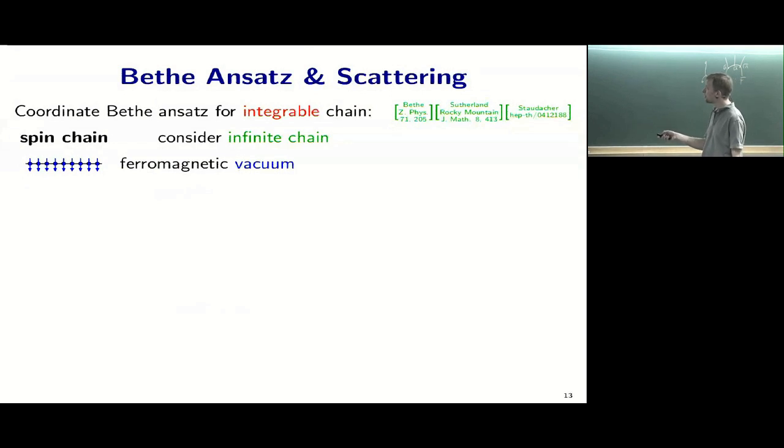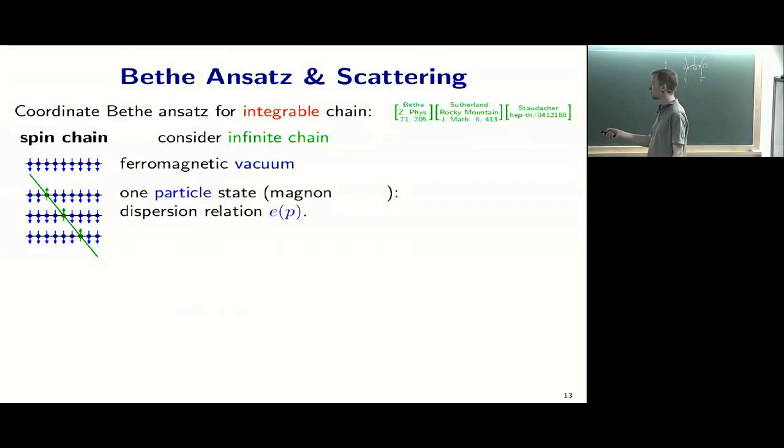So you have this infinite chain and you align all the spins so that you're in a ferromagnetic vacuum, and that's a state which you can easily write down. And since we have locality and translational invariance, it makes sense to have momentum states. So you give it a certain momentum along the chain, and for the state determine the energy, and that's what you call the dispersion relation of your model.